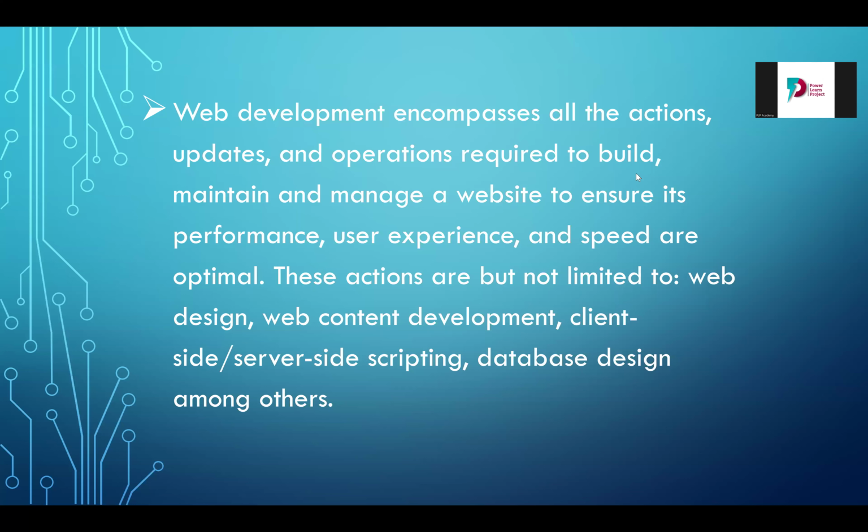So the visual part, what is presented to the users, the visual and interactive aspects of a website or web application. So what you see, the design, the images, the layouts, how you interact with it, that is what we refer to as front-end development. And in a broader sense, user interface and user experience.